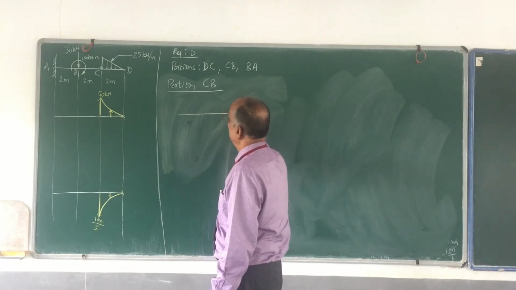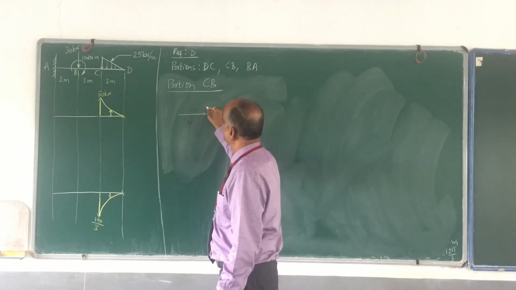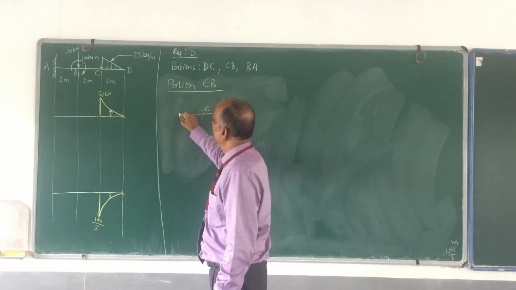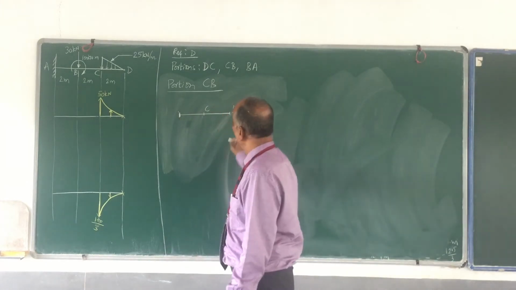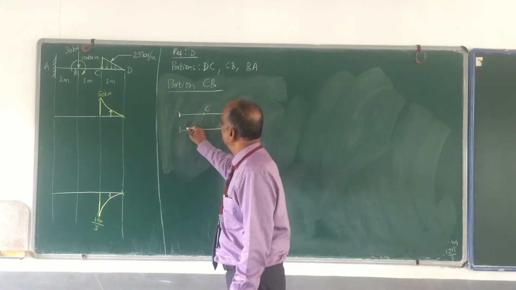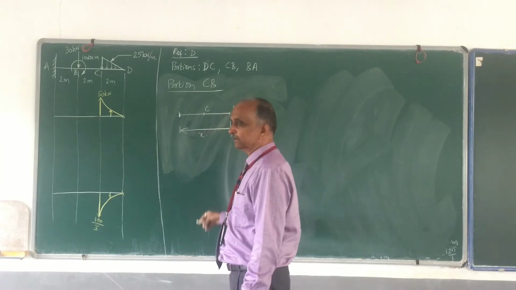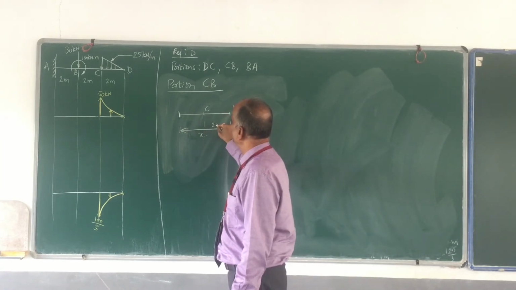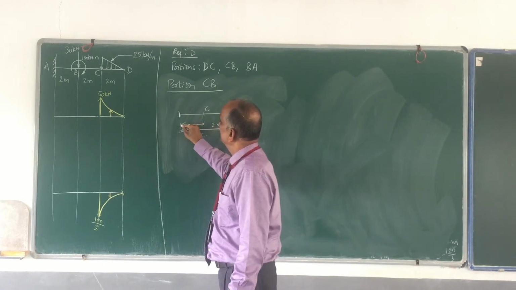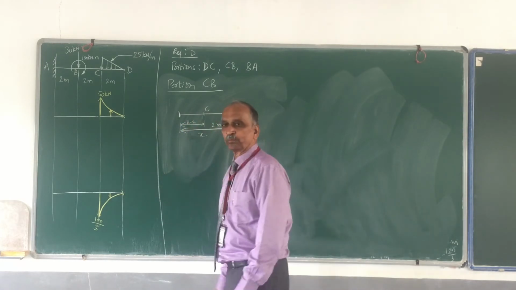So this is your D, somewhere here is your C, and please remember this is not B, this is where I have taken the section. From here to here, this distance is x, and I know that this is 2 meters, and therefore this distance is x minus 2.